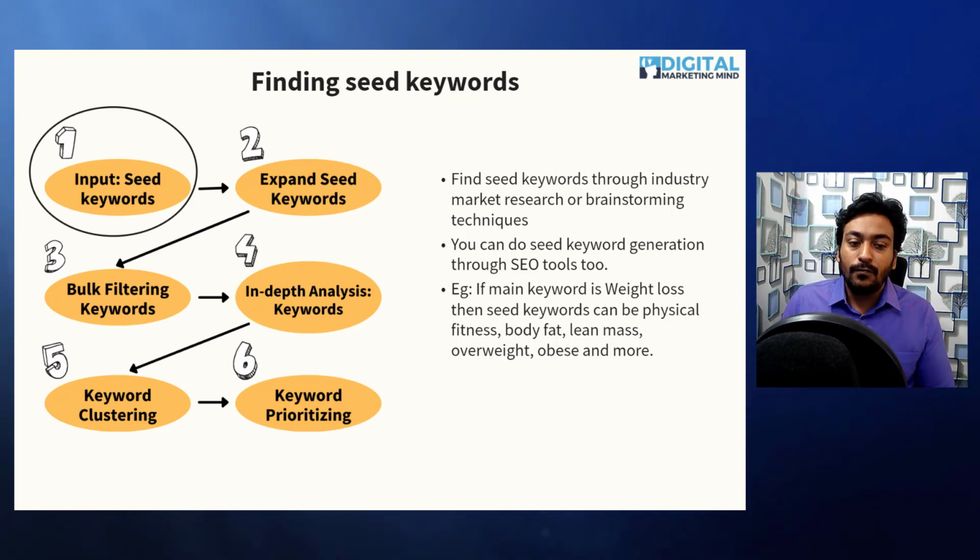For example, if my main keyword is weight loss, then my seed keywords can be physical fitness, body fat, lean mass, overweight, obese, and so on. These are the kinds of words we are looking for. So the first step of traditional keyword research is finding as many seed keywords related to our industry as possible.